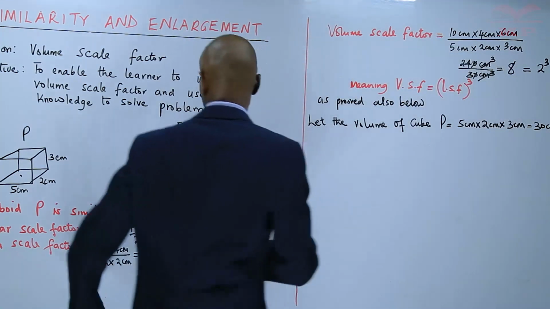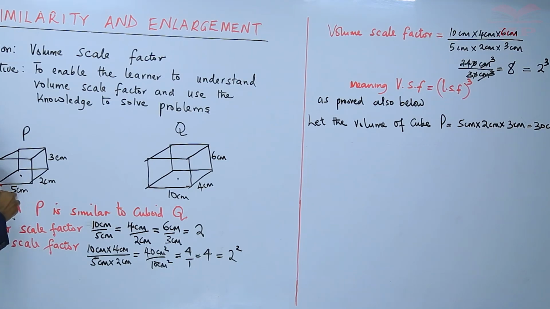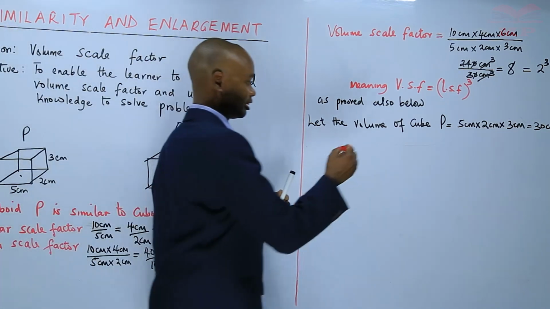To get the dimensions of Q, you multiply by the linear scale factor.